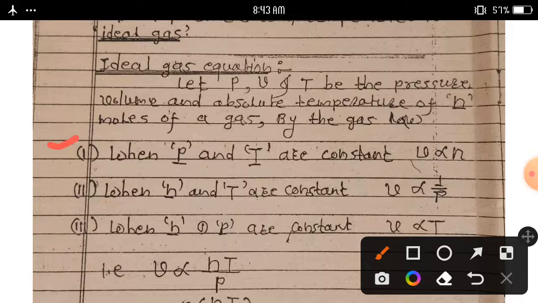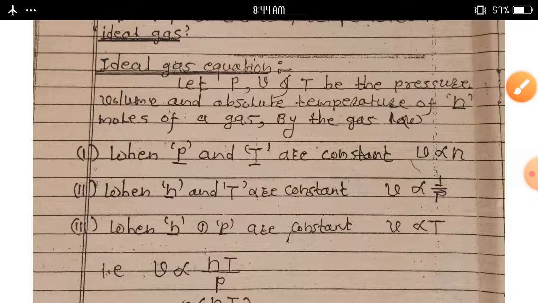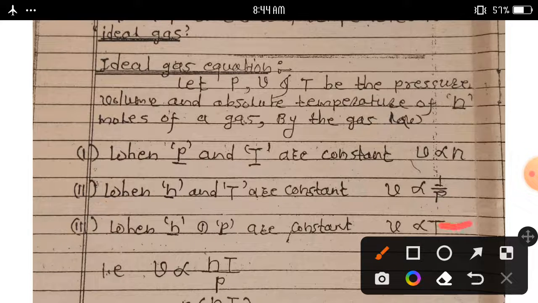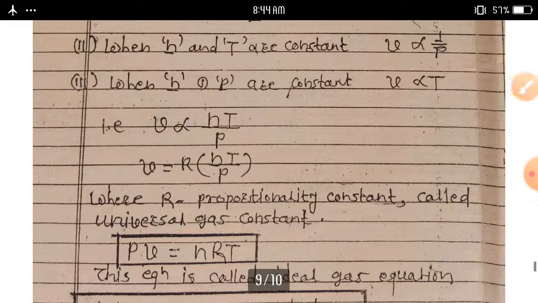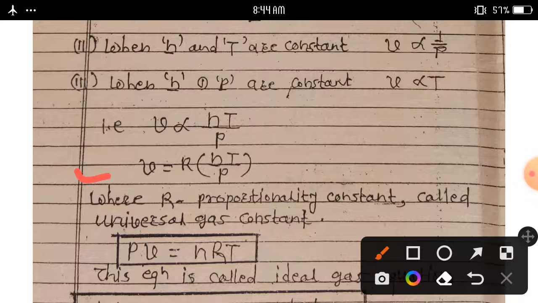By the gas laws, firstly when P and T are constant, V is directly proportional to n. Another one, when n and T are constant, V is inversely proportional to P. And another one, when n and P are constant, V is directly proportional to T. We combine all three laws: V is directly proportional to n into T and inversely proportional to P. Removing the proportionality sign, V is equal to R into n into T upon P, where R is a proportionality constant called the universal gas constant.